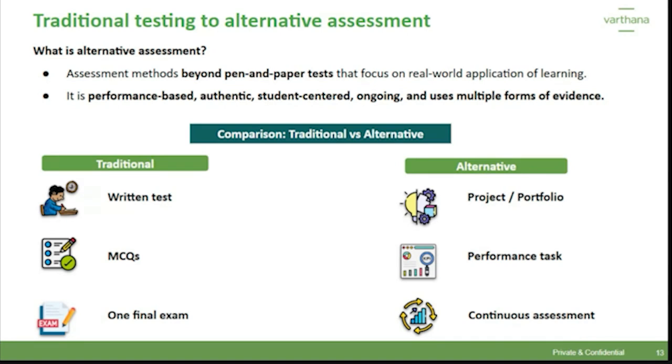Yes, traditional testing is also very viable in many scenarios, to complete fast-paced syllabuses in very short times. But alternative assessment is mainly focused on scenarios where we are not able to precisely understand what students have learned. So in the next slide, we will see why to shift towards alternative assessment.